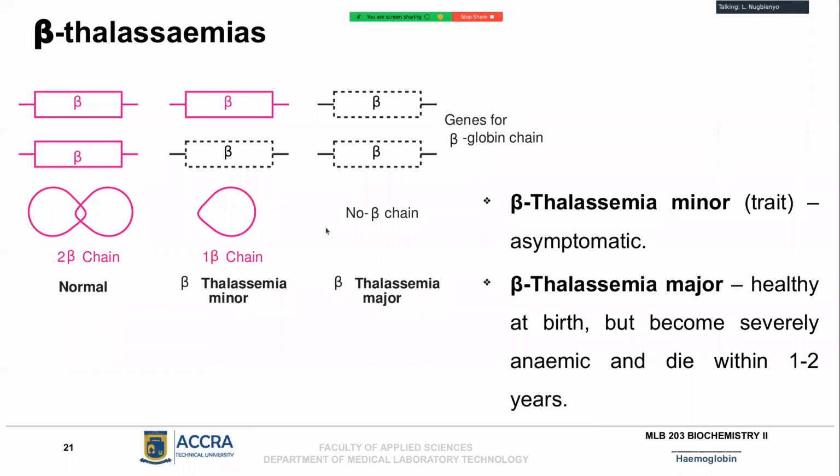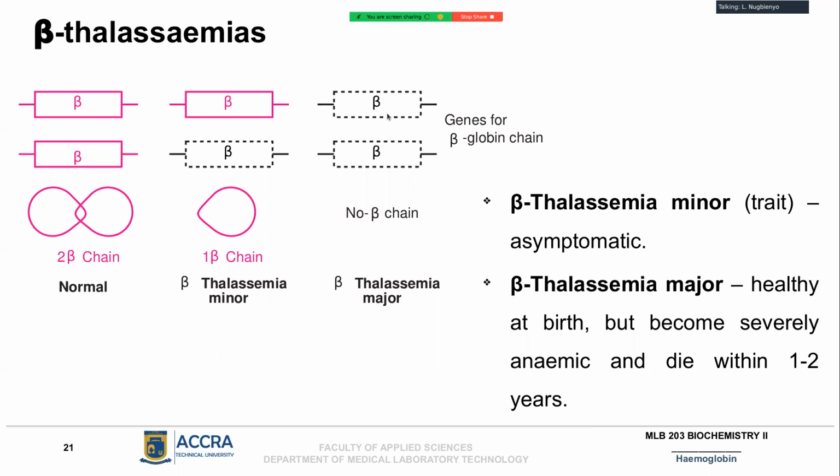Then you have a major thalassemia when 2 of the genes for the synthesis of beta globins are missing. Of course this will result in severe anemia, and in many cases a child born with beta thalassemia might live for a maximum of about 2 years.